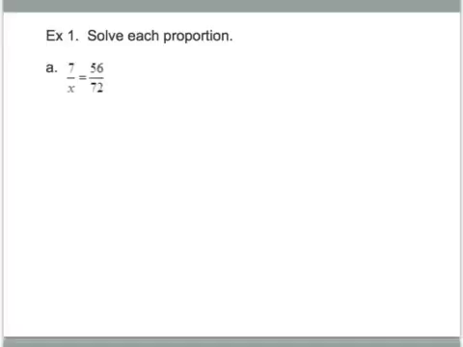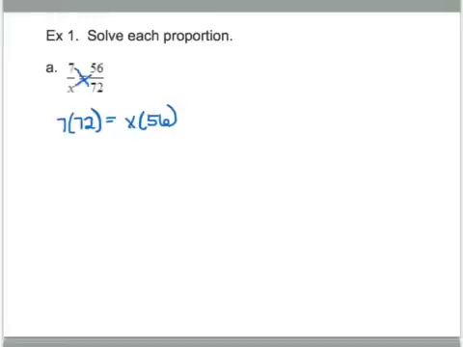Okay, so now we're going to start practicing some proportions. Example 1 says to solve this proportion. We have 7 over x equals 56 over 72. In order to solve, I'm going to use the cross product property. I multiply my extremes together, 7 times 72, and that should equal the product of my means, x times 56.